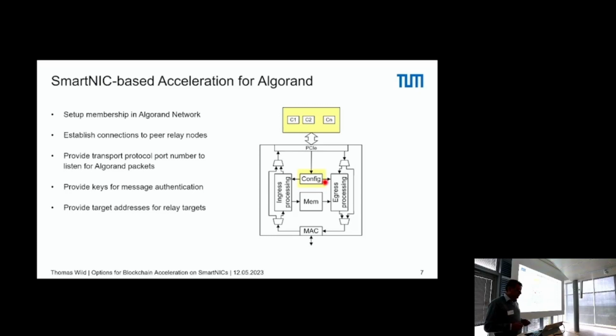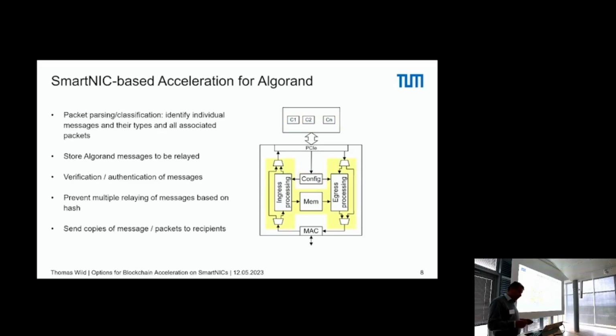Also very important, when doing verification and authentication, we would have to know the keys in order to do this locally on the hardware, and therefore we assume that the software provides these as well, and of course also the target addresses for the outgoing relay targets.